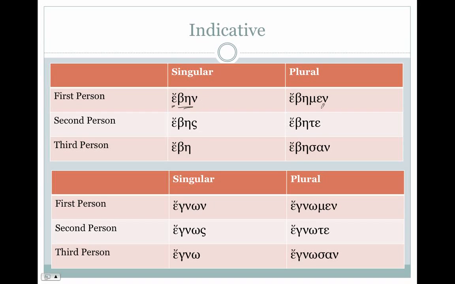N, s, nothing, men, te, san. In the aorist of γιγνώσκω, augment, stem γνω, and add our endings. Ἔγνων, ἔγνως, ἔγνω, ἔγνωμεν, ἔγνωτε, ἔγνωσαν. So again, nu, sigma, nothing, men, te, san.